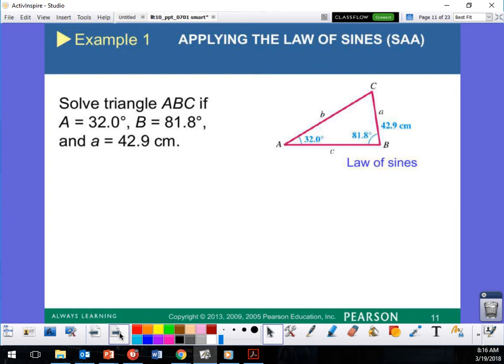So A, B, and C together have to add up to 180.